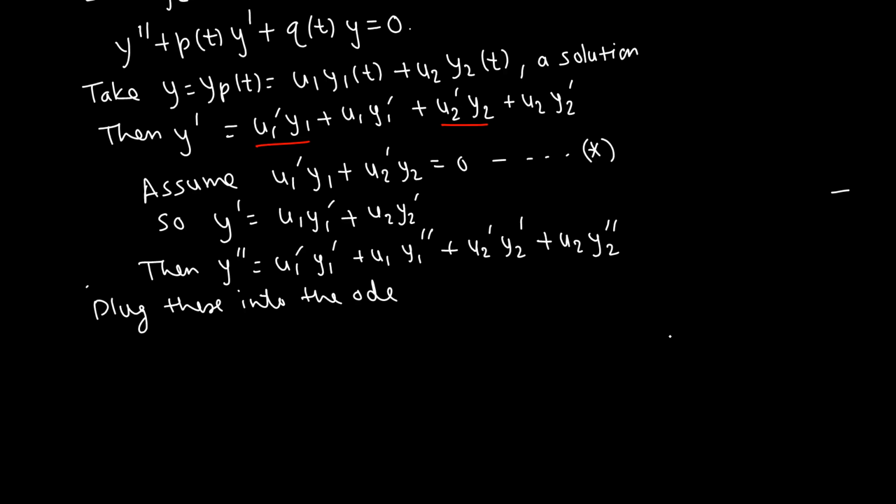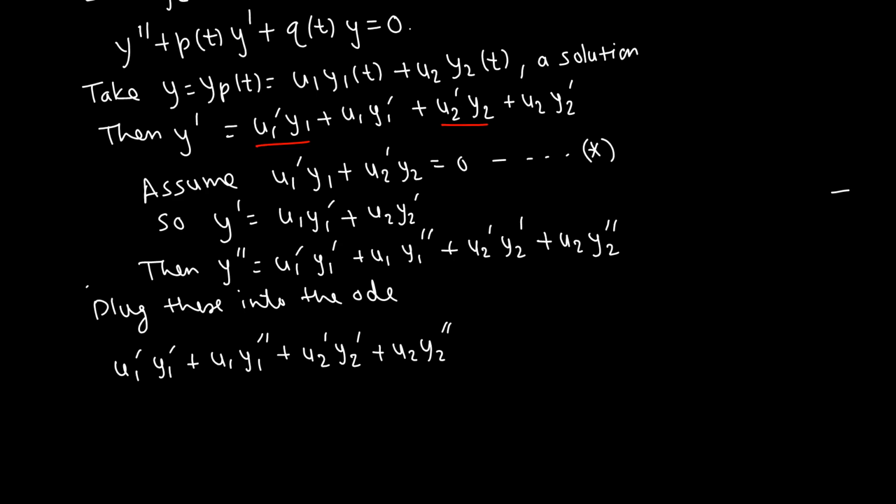We get, so we have y double prime, which is here, so u1 prime y1 prime plus u1 y1 double prime plus u2 prime y2 prime plus u2 y2 double prime. That's y double prime. And look at here. Okay, so we have this equals g(t), so p(t) y prime.